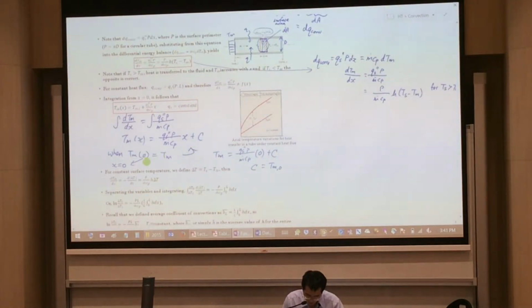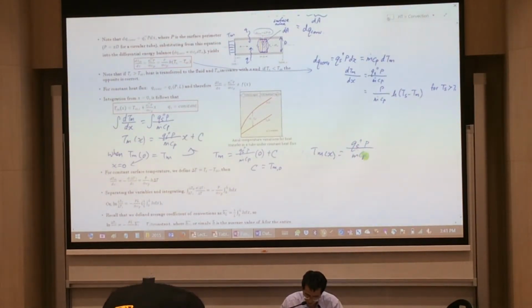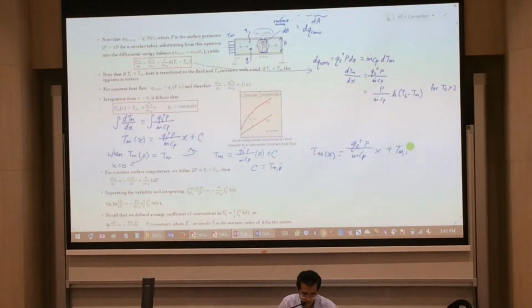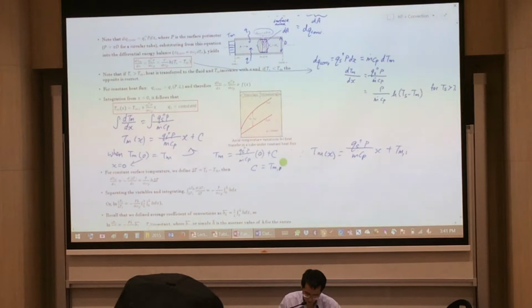So if I substitute that C term now, I get, therefore, Tm(x) equal to Qs double prime P over m dot Cp times x plus Tm,i. Thank you, that one will be i, because that's the inlet.